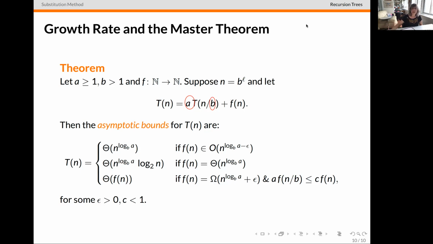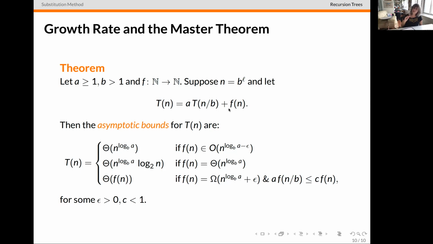Now, the interesting thing about the master theorem is that it tells us that the order of growth of the algorithm is going to be of 3 types. Either it's of the order of n to the log base b of a, or it's going to have n to the log base b of a times log n, or it's just going to be of the order of f of n.